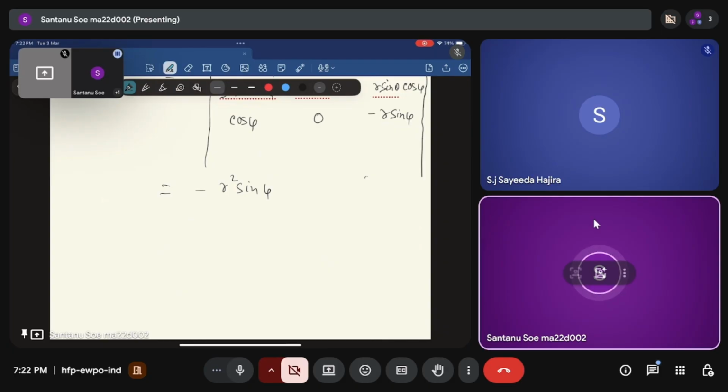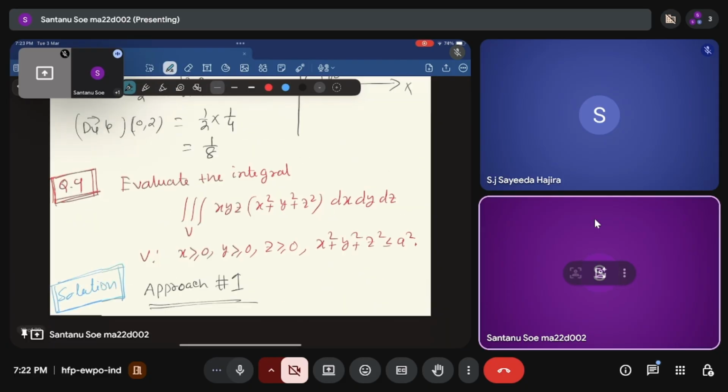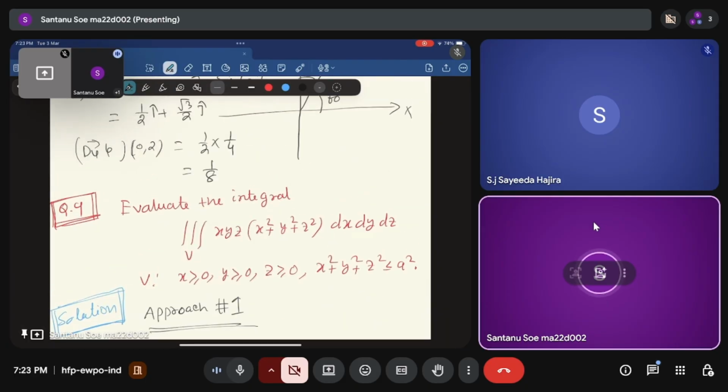So now our integration. So this was our question, that evaluate the triple integration of xyz (x square plus y square plus z square) dx dy dz, where the region is given by x greater equals to 0, y greater equals to 0, and z greater equals to 0, and x square plus y square plus z square is less equals to a square.